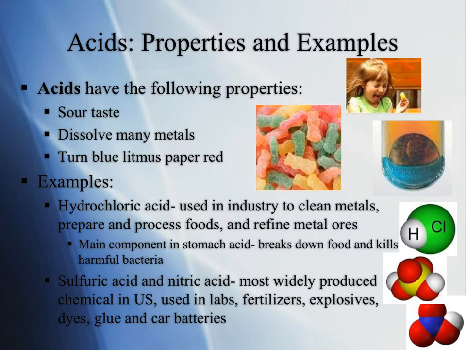Acids taste sour, dissolve many metals, and turn blue litmus paper and many other indicators to the red side of the spectrum of our rainbow. Okay, so acids turn things red. So sour taste, if you've ever had Sour Patch Kids, sour worms, sour whatever kind of candy, that white stuff on the outside might look like sugar, but is not all sugar.